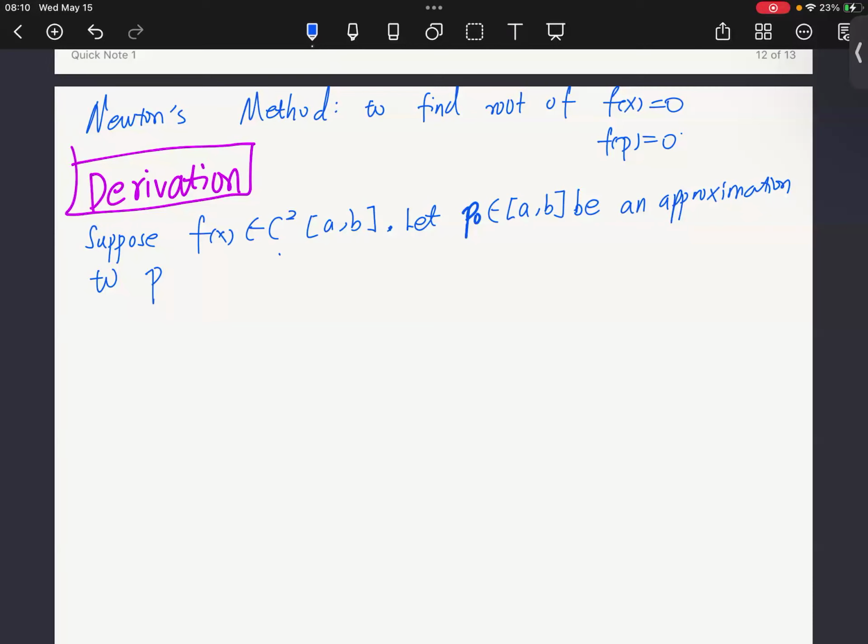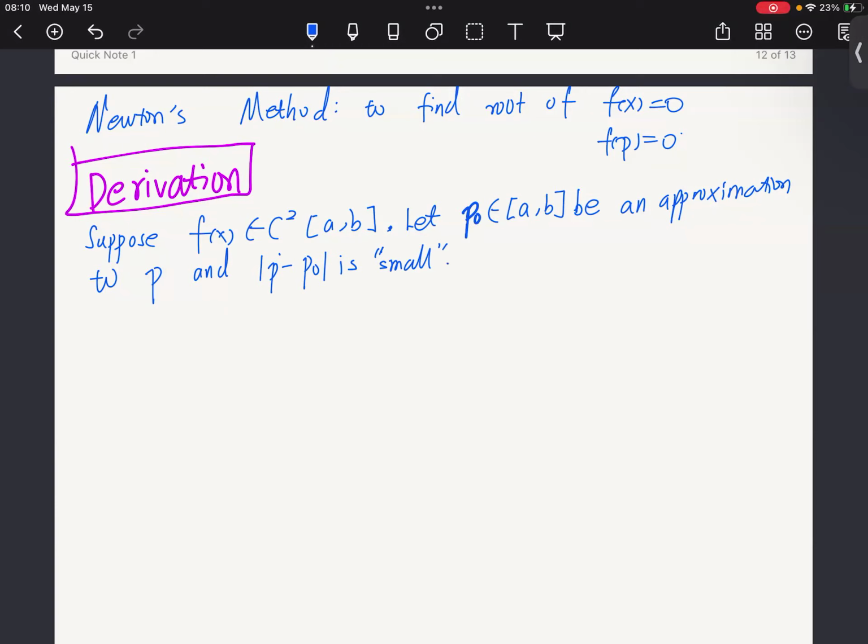Now we have one assumption on this initial guess: the difference between the true solution and the initial guess is small, or small enough. You will see how small it is later on.